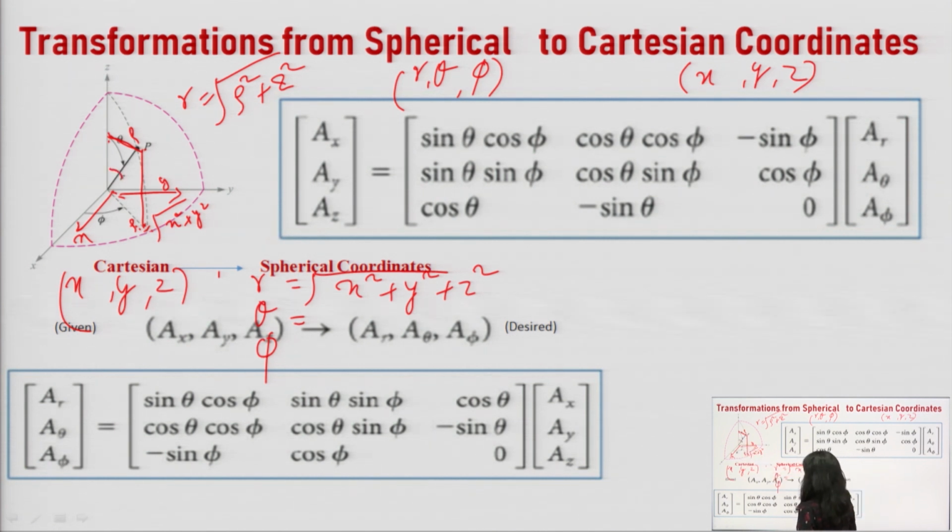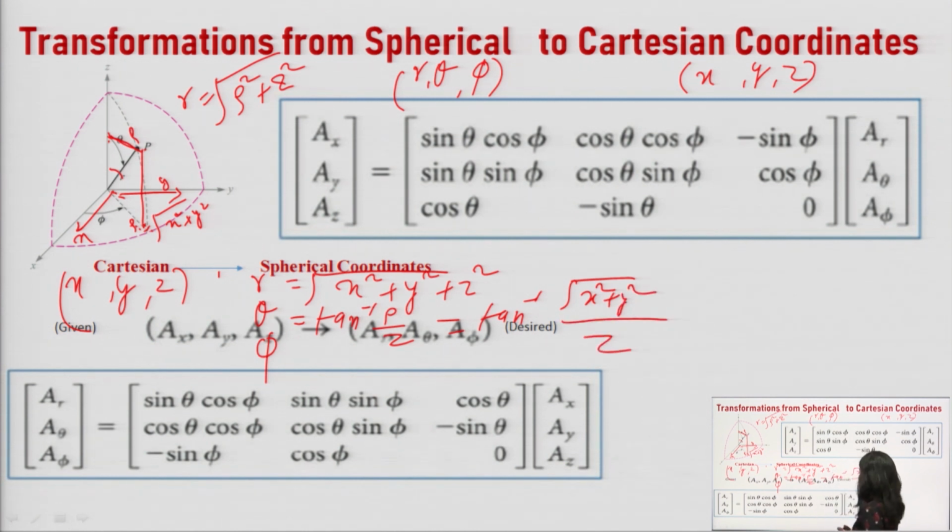Theta will be nothing but tan inverse rho by z. Now we know that rho is equal to root under x square plus y square, so theta is tan inverse of root under x square plus y square divided by z.